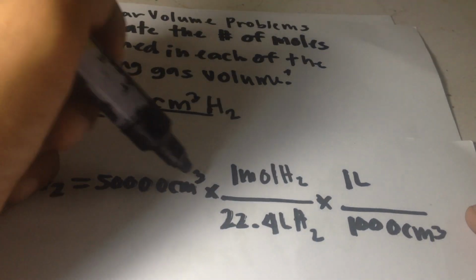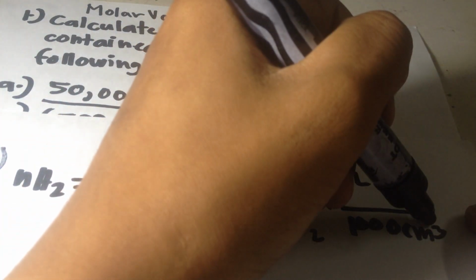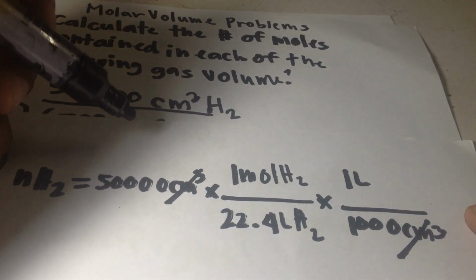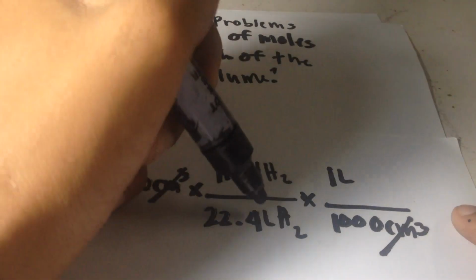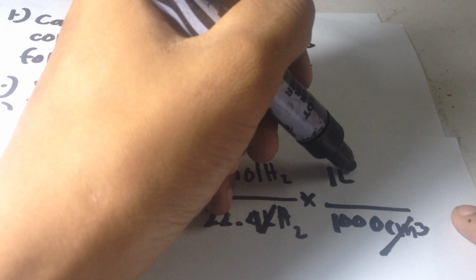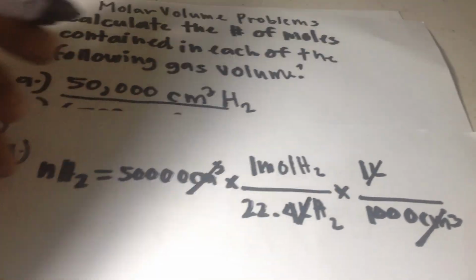In 1 liter we have 1000 cubic centimeter. So you cancel the cubic centimeter, and the liters will be cancelled too, and what is left is moles.